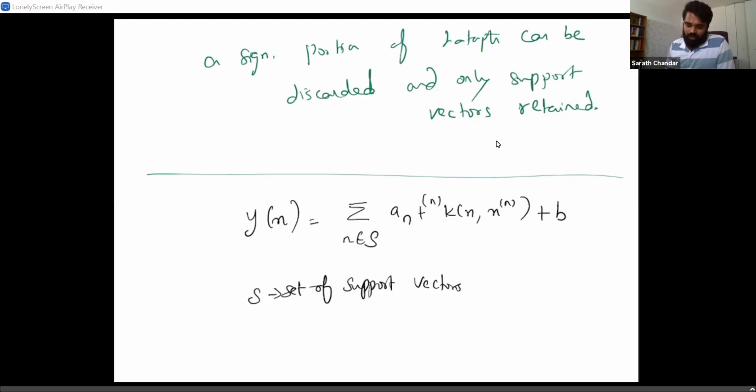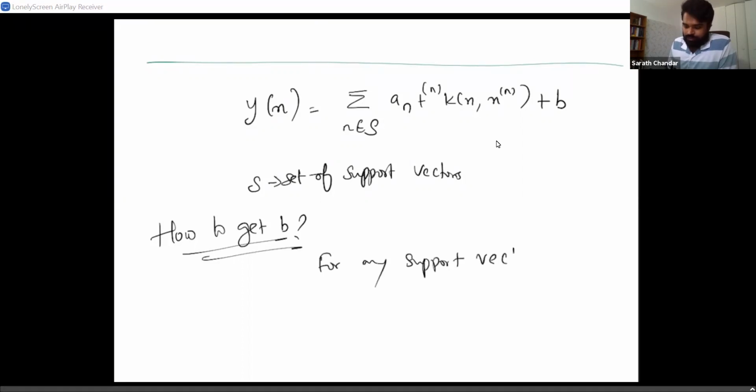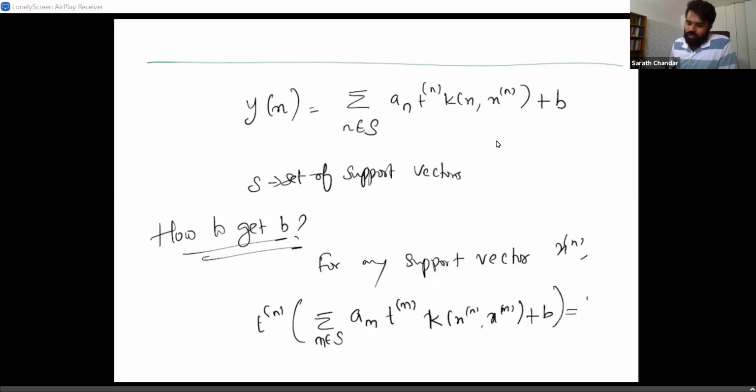Is that clear? Now the only question left before we wrap up the dual classifier is how to get b. There's an easy way to do that. Remember that for any support vector x_n, we know that t_n multiplied by y of x_n is equal to 1. So t_n multiplied by summation over m belonging to S, a_m t_m kernel of x_n, x_m plus b is equal to 1.